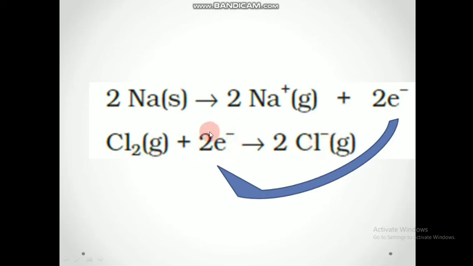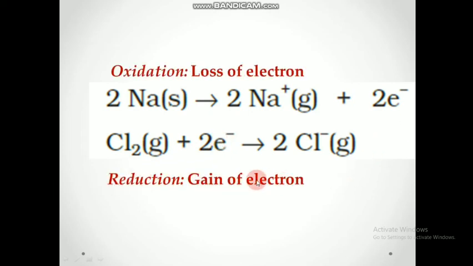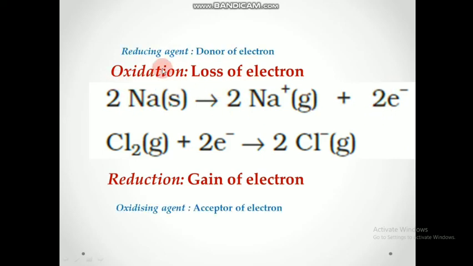So these 2 electrons are accepted by chlorine, or the negative character is accepted by chlorine. So we can tell this is the reduction part because it is accepting the negative, and this is the oxidation part as it is giving out the negative. And where there is oxidation, there we can see the reducing agent, and where there is reduction we can see the oxidizing agent. So both of them are just opposite.